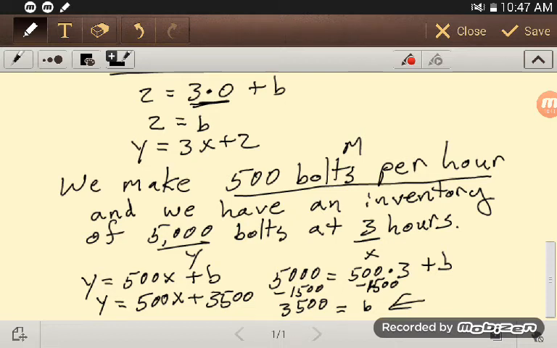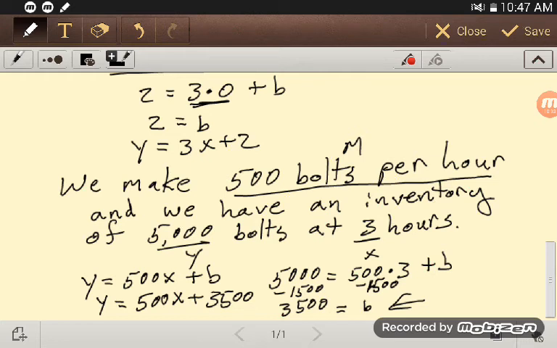So again, I'm told m and I'm given a point, but in real life we don't usually use those particular words. We're talking about a real life process, and so we have to translate. Okay, so it comes down to that idea of translating.